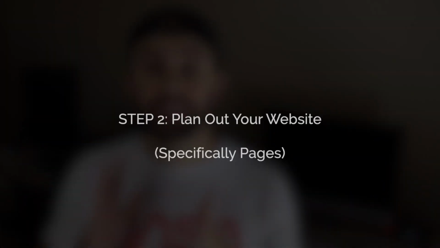Number 2, and this is going to be a big one: whether you're designing a website with Elementor, with any kind of builder, even if you're coding out the website yourself from scratch, be sure and have some kind of plan and template for how you want your website to be.